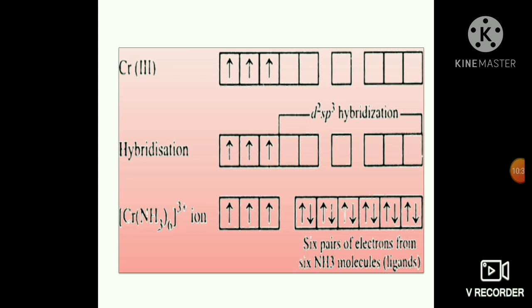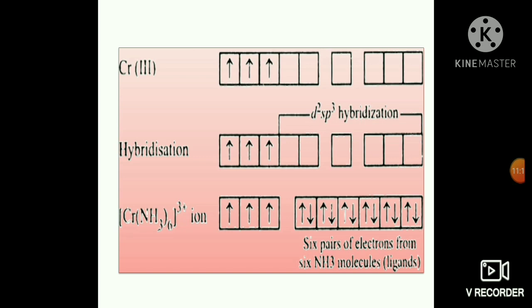This is an example of an inner orbital complex, as in this complex the d orbitals used are of lower quantum number, that is, (n-1)d orbitals are involved in the bond formation. So the hexaammine chromium complex is a good example of an inner orbital complex. We also know that d2sp3 hybridization leads to octahedral geometry, so this complex will be octahedral in shape.